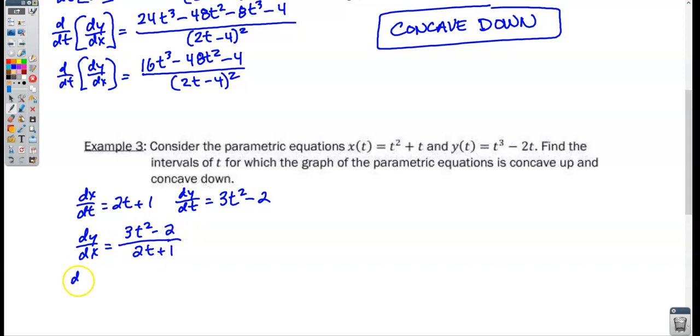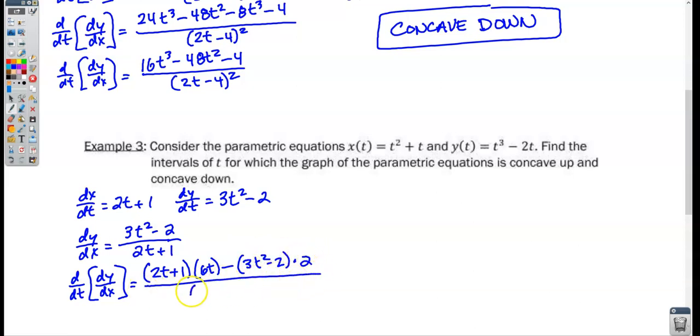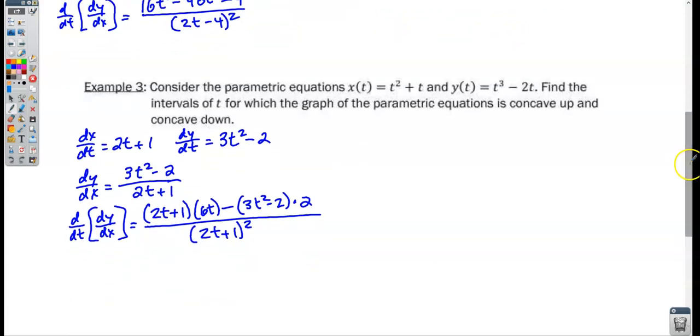And then I'm going to go ahead and take the derivative of that with respect to t. That's going to be low times the derivative of high minus high times the derivative of low, square the bottom, and away we go. So let's go ahead and simplify the numerator of this expression.